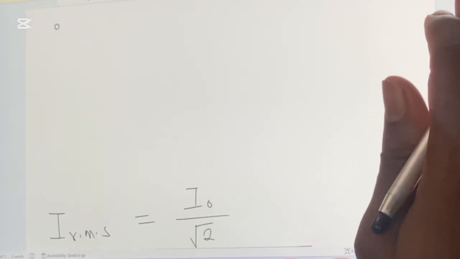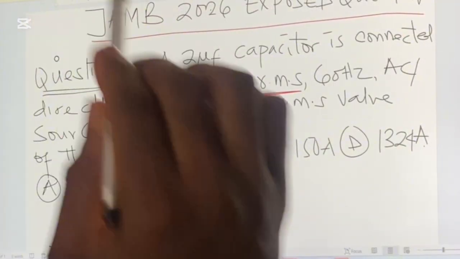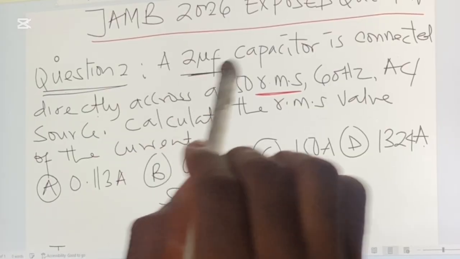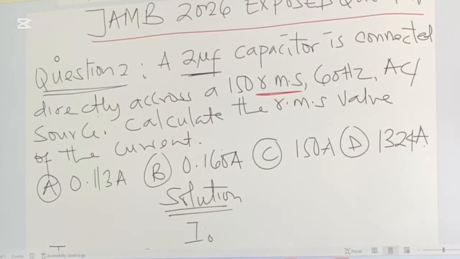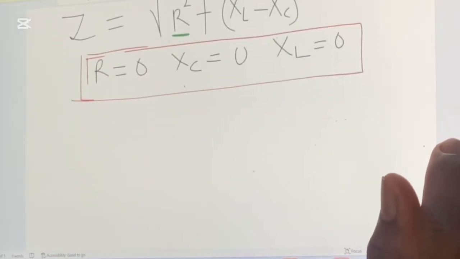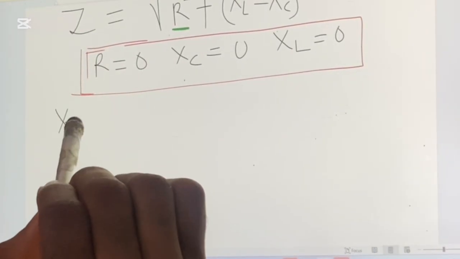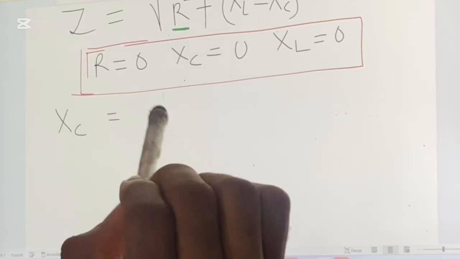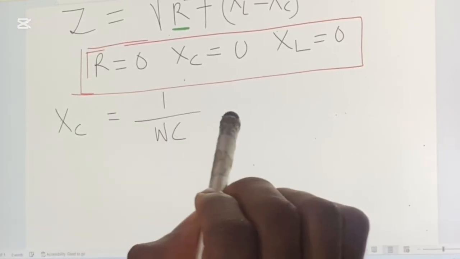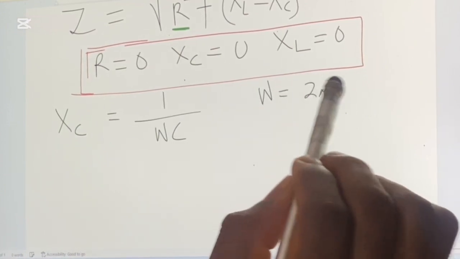When you look into the question, a capacitor is given. That means we can easily calculate our reactance capacitance, and no other thing is given to us here. Our reactance capacitance Xc is equal to 1 over omega C, and omega relating to frequency is 2 pi f.